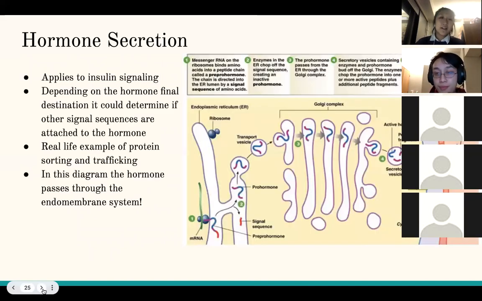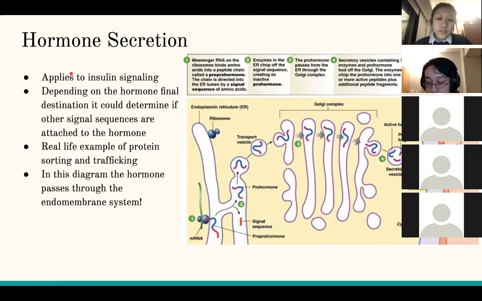Okay, so secretory pathways: these are just some examples of when a product or something inside the cell needs to go out of the cell. And these are real life examples of ways that secretion works within a cell. So for this one, this was also an example, I believe, in class today, but it's hormone secretion.